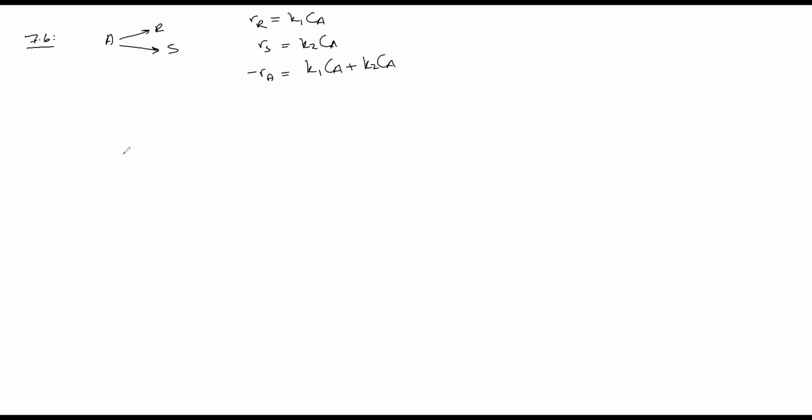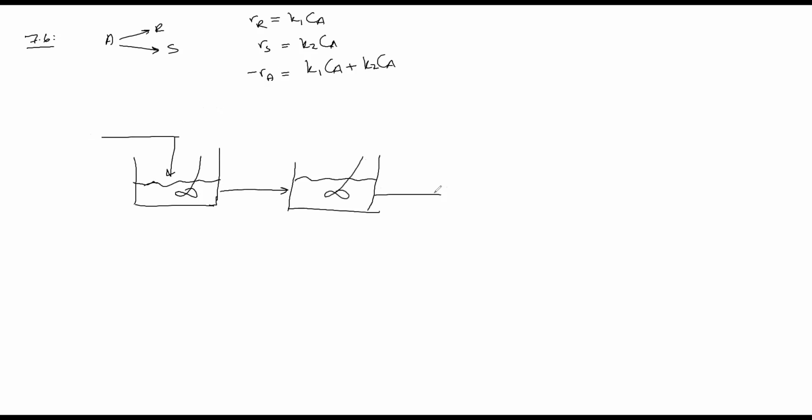And now let's sketch what's going on. In this case, I have two CSTRs, then the feed, and the second CSTR here. And I'm given some information about the feed.